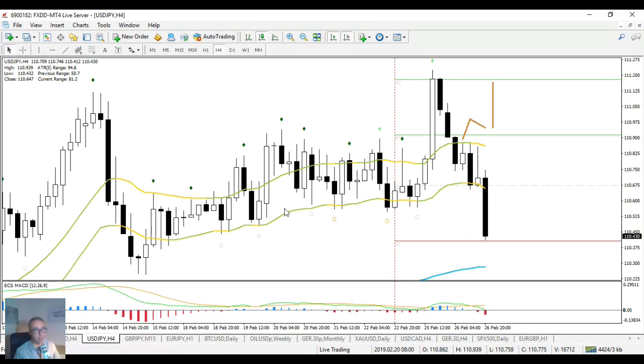Generally speaking, look at the candle structure, look at the size of the candle, and look at whether the bulls or bears are clearly in control, which means the size of the candle, but also the candle high versus the candle close versus the low. Look at where the candle low or high is. This low is right in the middle of the moving averages. Here it's towards the bottom.